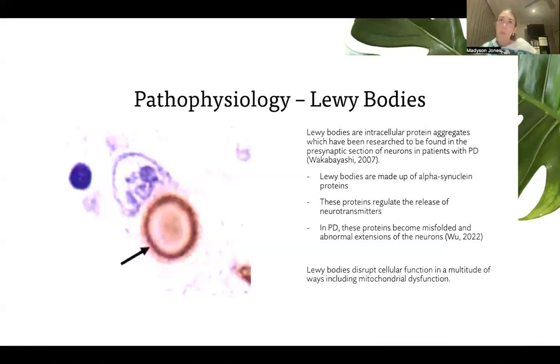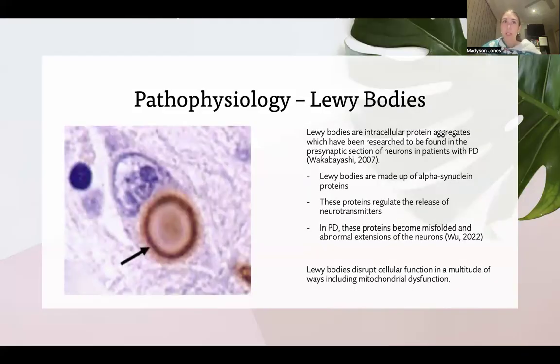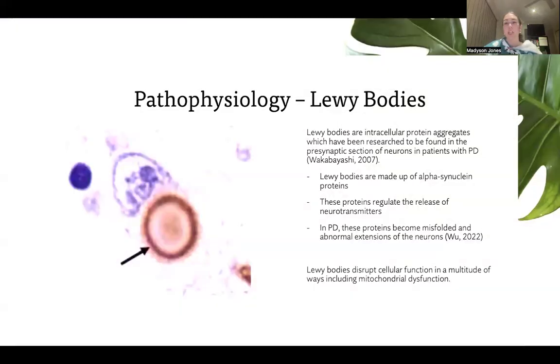Lewy bodies form when these alpha-synucleins misfold and build up to become an abnormal extension to neurons. More research is needed to fully understand the cause of this misfolding, but is currently hypothesized to be due to environmental factors and potential genetic mutations.